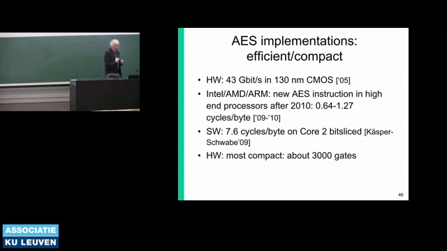But the fastest triple DES code we have takes 100 cycles per byte, so AES is about 12 times faster than triple DES. Nobody in their right mind will use triple DES in software, because even with no hardware support, AES is way faster. You can also make it quite compact. It fits in less than 3,000 gates, and it also fits very well in software on processors.